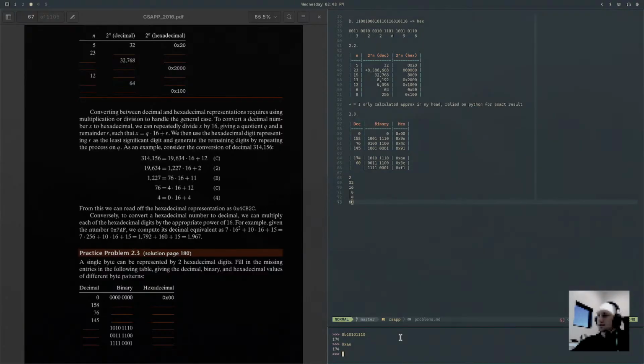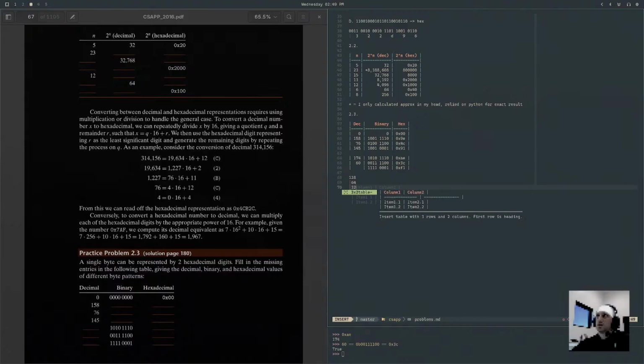Okay, so we say 60 is equal to 0b00111100, which is equal to 0x3c. Got it.